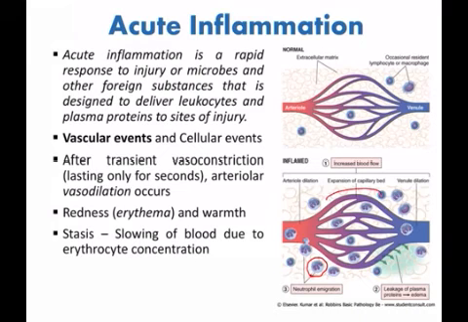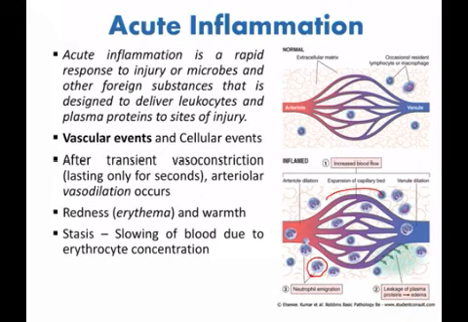Right? The capillary blood has been dilated comparatively to a normal tissue, right? And apart from that, it also leads to leakage of plasma proteins and that finally leads to edema, right?